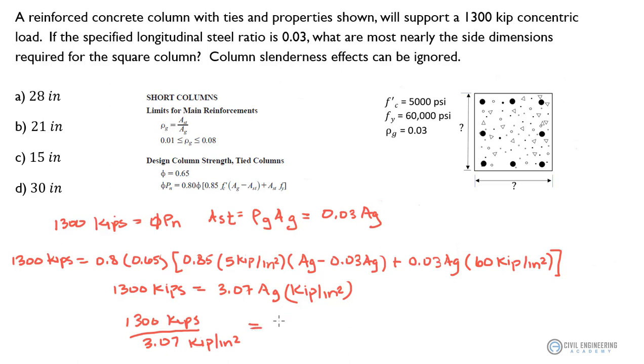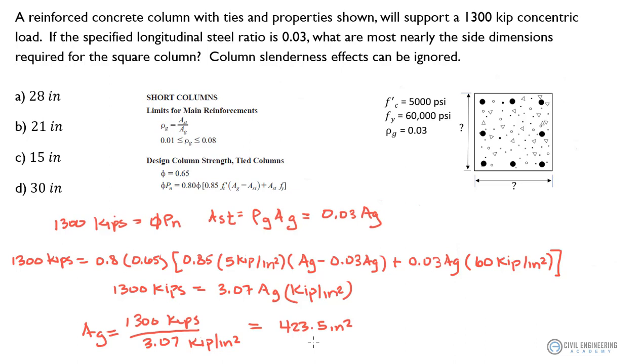We are going to come up with 423.5 inches squared. So that is our AG, or our gross area of the column that's required to resist this allowable axial force.